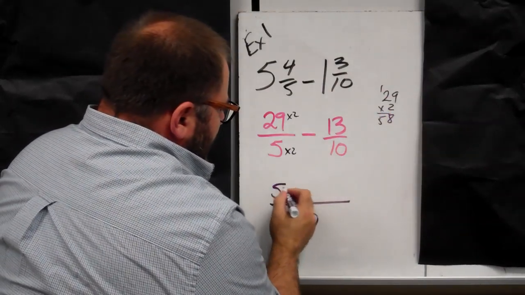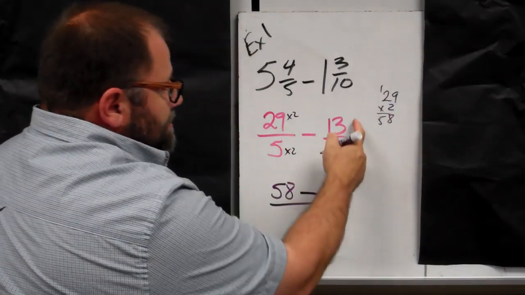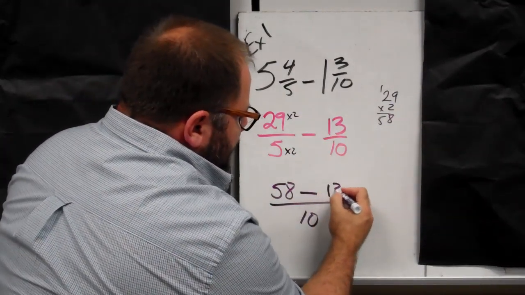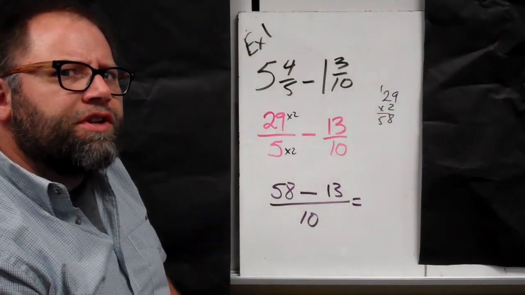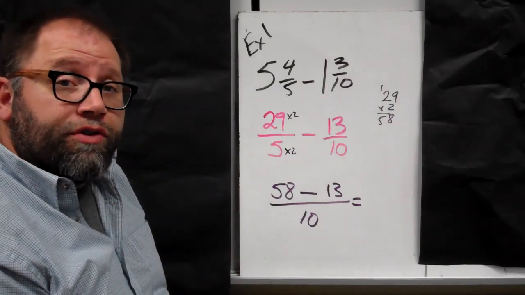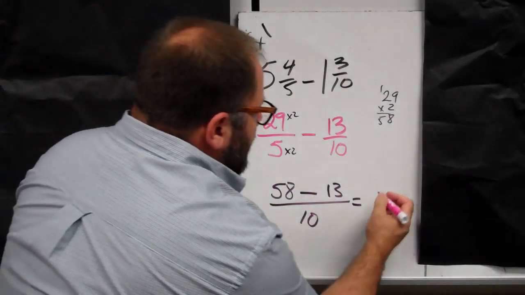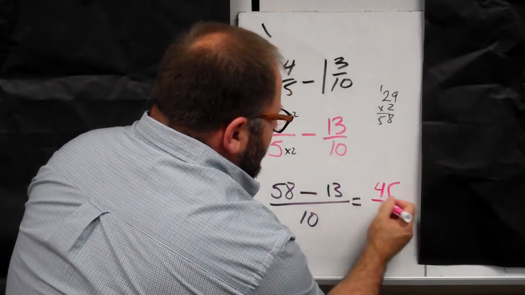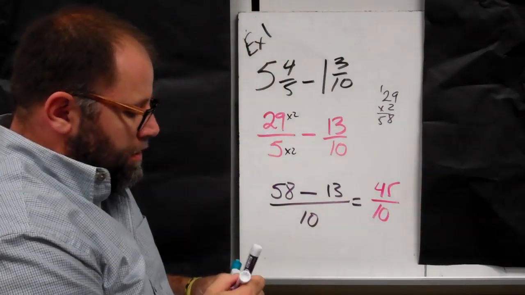Which gives me 58. I bring my operator down here, minus. Then I bring my other numerator, 13. And then I say to myself, 58 minus 13. I can do that, or I could add the opposite and say 58 plus negative 13. They are interchangeable. 58 minus 13, though, is 45. That is 45 over 10.